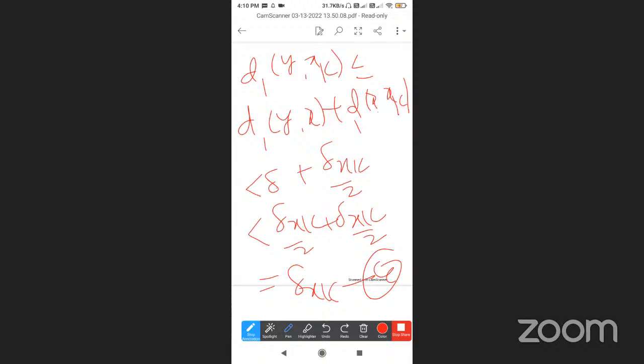So this is from the first equation. d2 of f of y comma f of xk is less than epsilon by 2.